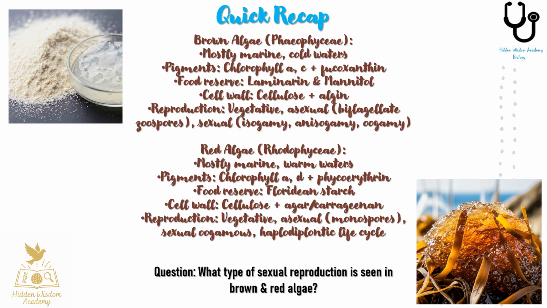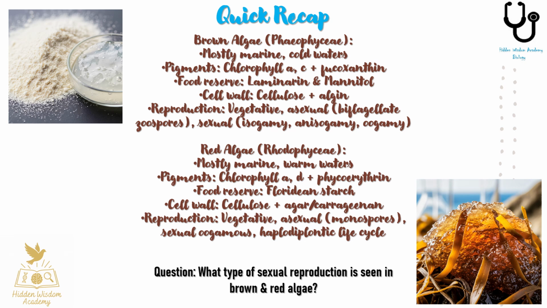Let's quickly recap what we have learned about brown and red algae. Brown algae live mostly in cold seas. They have chlorophyll A and C plus fucoxanthin, and store food as laminarin and mannitol. Their cell walls have cellulose and algin. They reproduce vegetatively, asexually with biflagellate zoospores, and sexually by isogamy, anisogamy, or oogamy.